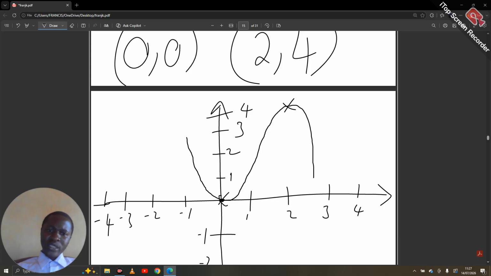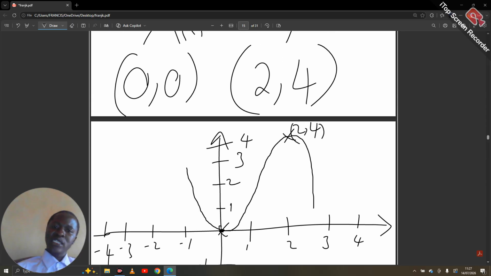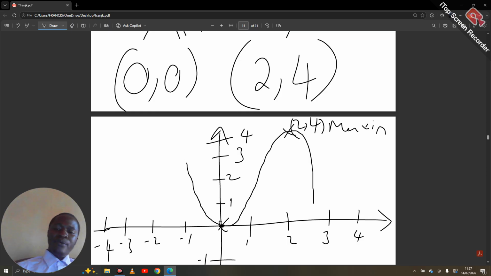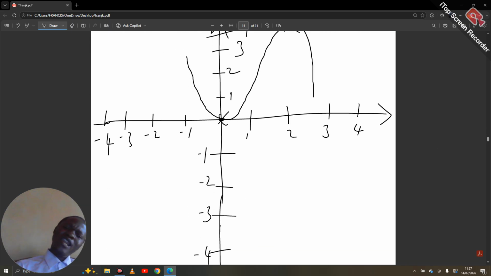So this one is 0, 0 point of inflection, and this one is point of maxima. So I would recommend you write 2, 4 maximum point, 0, 0 inflection point, and you have a tick.